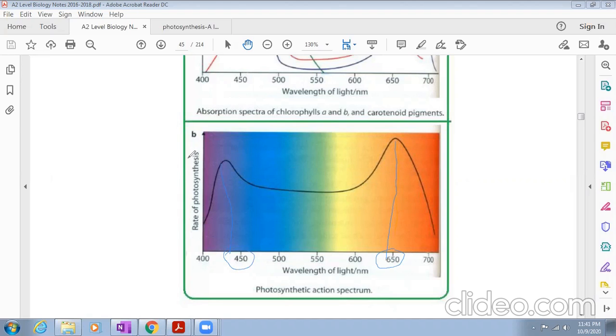I will explain how you will do that experiment: just expose the plant to different wavelengths of light and find at which wavelength the rate of photosynthesis is high. So that is the action spectrum, right?